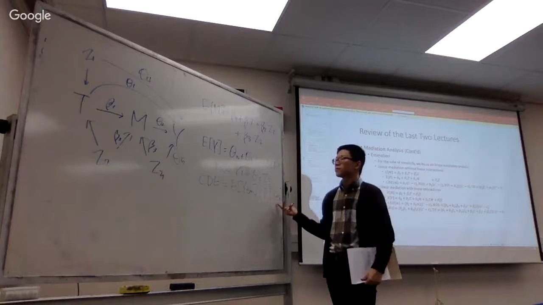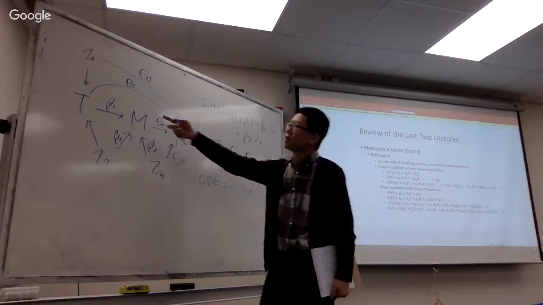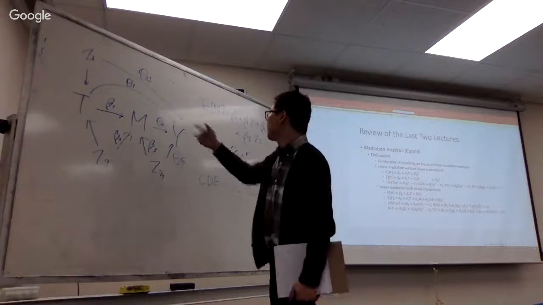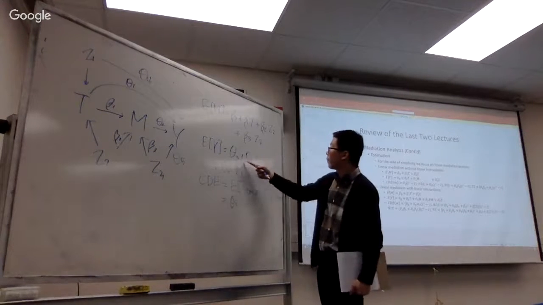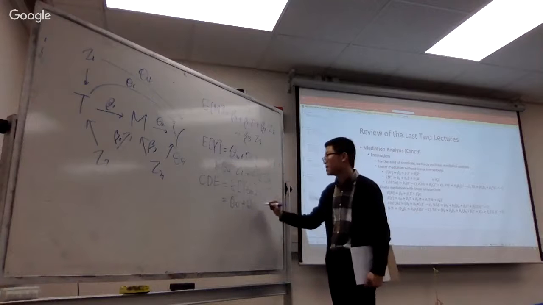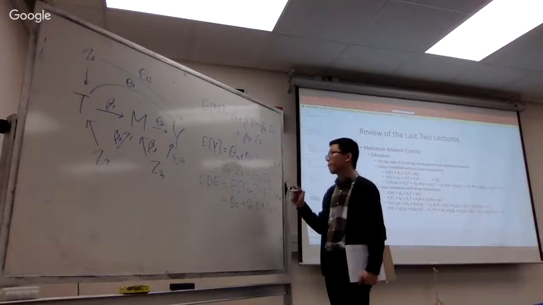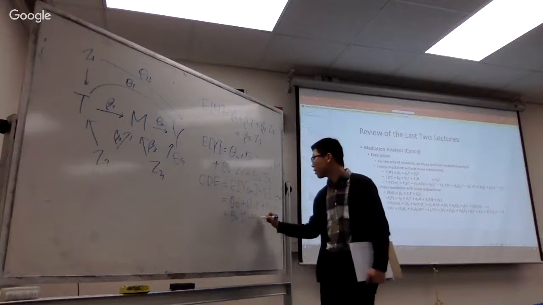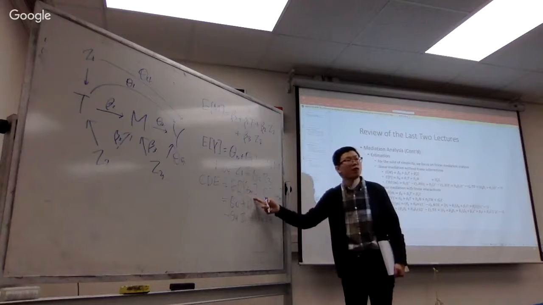So when T is t, it would be theta 0 plus theta 1 t plus theta 2 m and theta 4 Z1, whatever that is. That's the expected value of Y_tm.